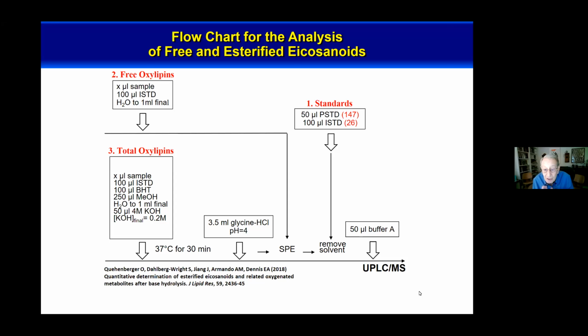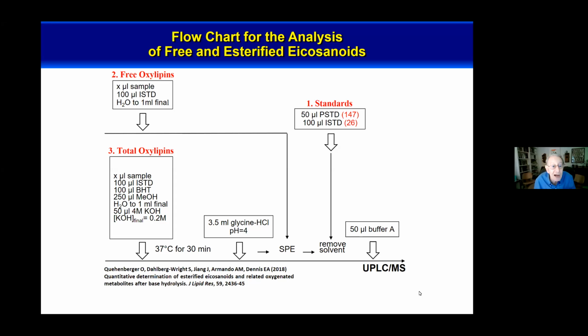These are pure samples, weighed, measured, and diluted, and we use isotope dilution to do standard curves, with 26 internal deuterated standards. Make the mix, remove the solvent, take it up in buffer, and do our UPLC mass spec approach.